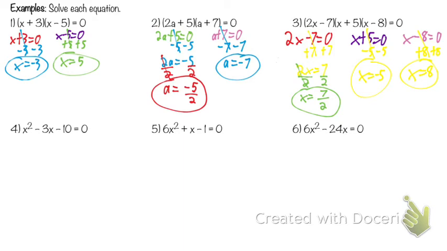Whoa, number 4. What changed? There's no parentheses. So on the first 3, we had multiplication that equaled 0, right? On number 4, do we have any multiplication really? No. Now, what symbols do we see instead? Subtraction. Number 5, we notice the same thing, addition and subtraction. And 6, subtraction.